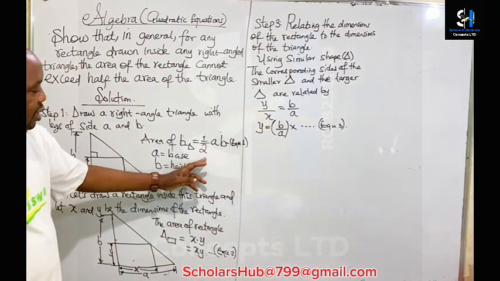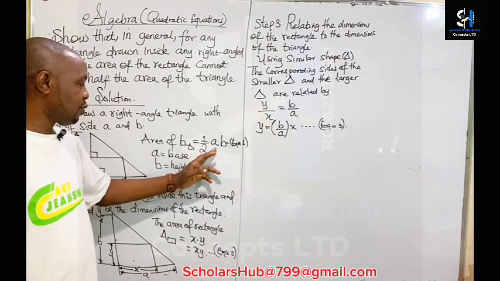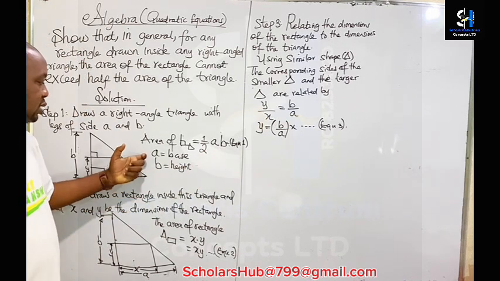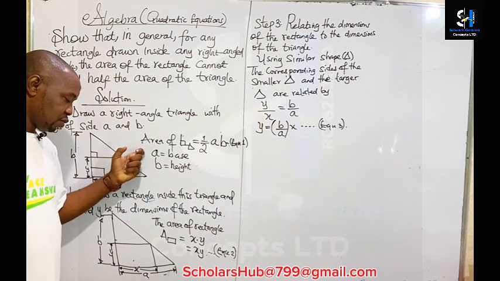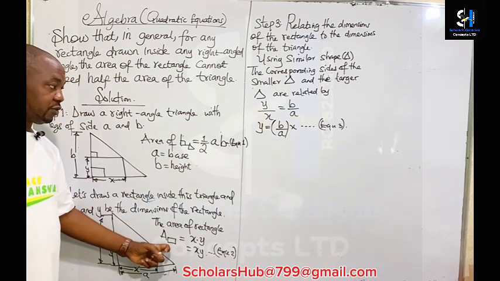We have here that half of AB is the area of the right angle triangle, and this is the area of the rectangle.